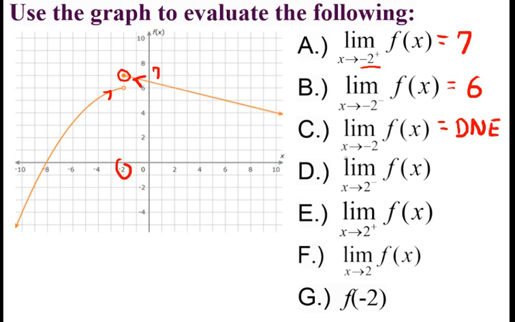Okay. Now, if we look at +2, part D says 2 coming in from the left, so all the numbers less than 2. As we're coming in from the left, at 2, it looks like the y value it's approaching is 6.